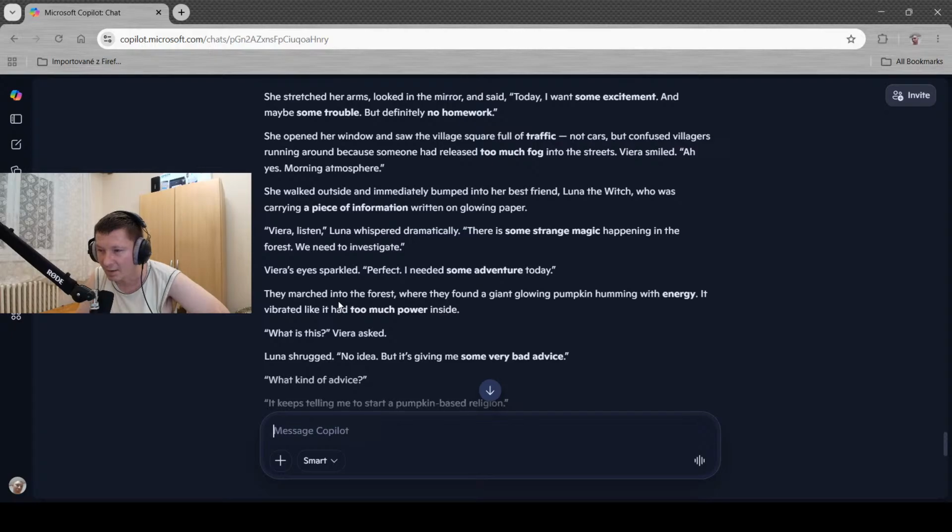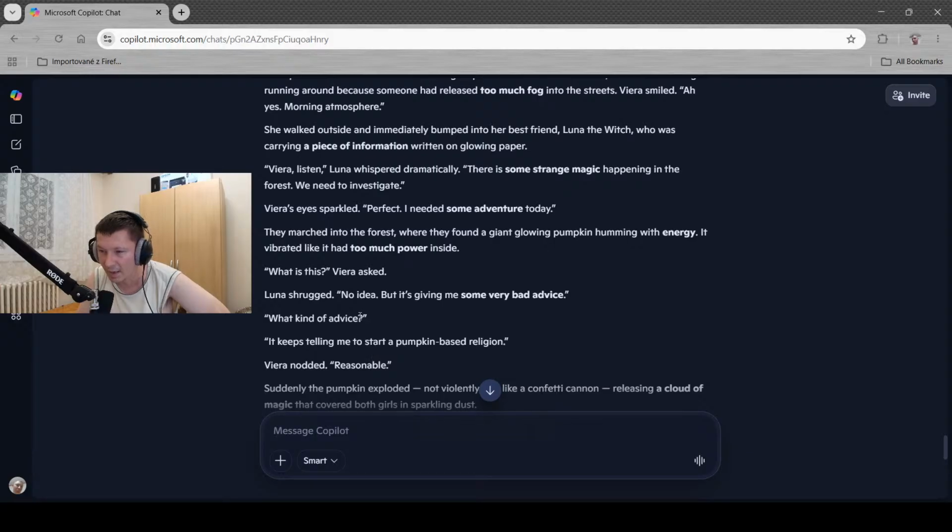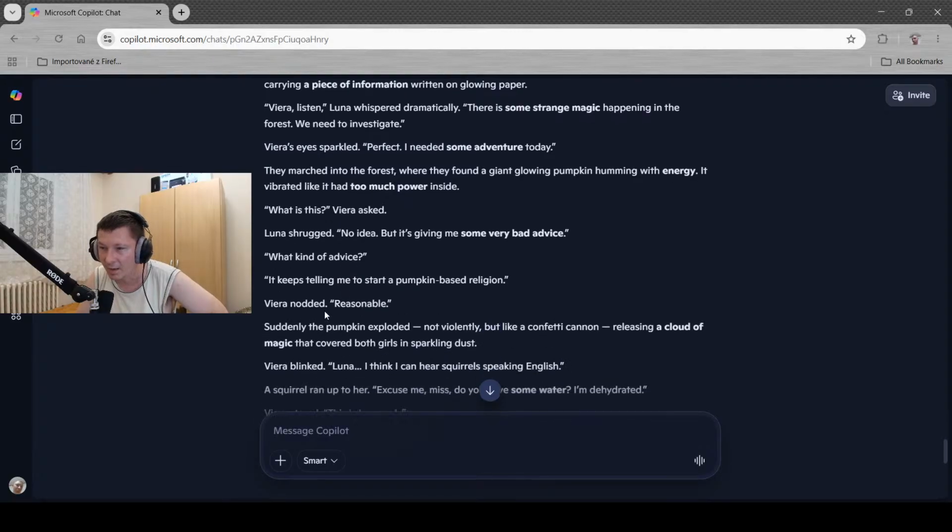They marched into the forest where they found a giant glowing pumpkin humming with energy. It vibrated like it had too much power inside. "What is it?" Viera asked. Luna shrugged. "No idea, but it's giving me some very bad advice." "What kind of advice?" "It keeps telling me to start a pumpkin-based religion."